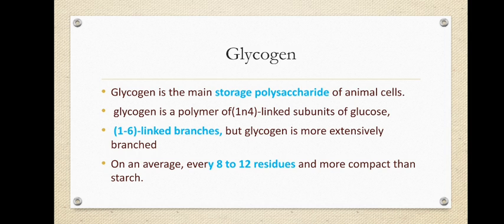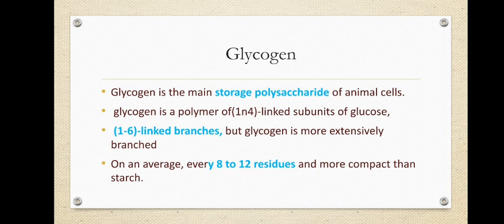So whenever there is an alpha 1,6 linkage, that will not be broken by the salivary amylase. The significance of starch is that it acts like a good source of energy, because it is going to provide a large number of glucose molecules so that your body can generate energy.